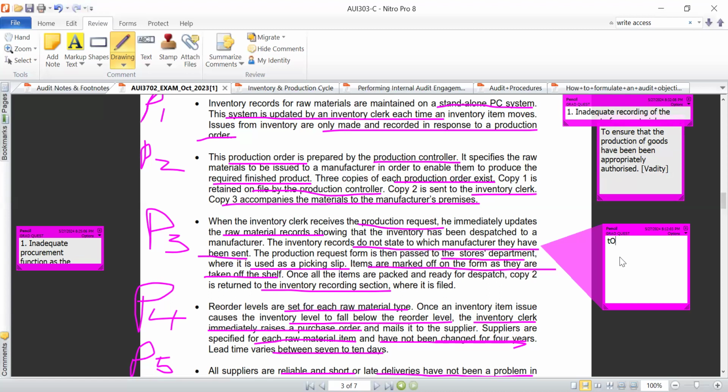So it's to ensure that the movement of raw materials from stores to production is appropriately recorded. Inventory records are maintained.